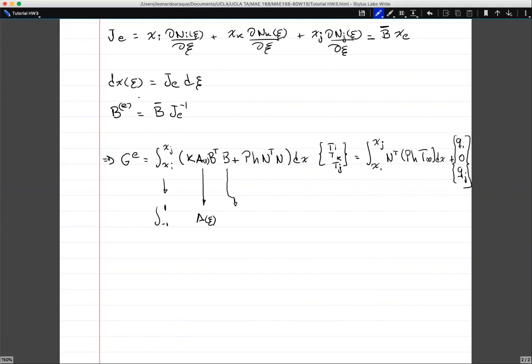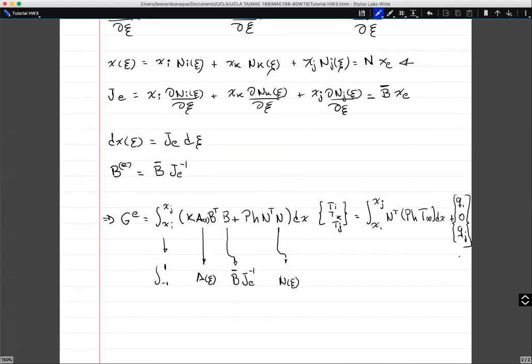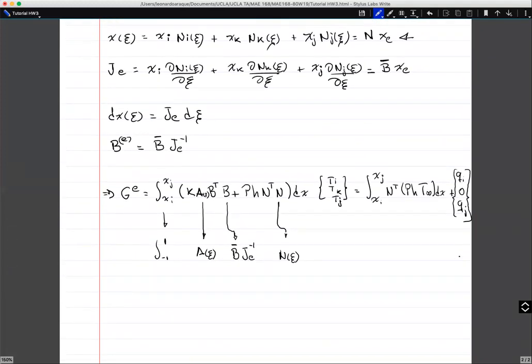We already defined B. B is now B bar times the inverse of the Jacobian. And B transpose will be the transpose of B bar times the inverse of the Jacobian as well. The shape functions now are a function of psi, and they were given in one of the previous steps. And the same substitutions apply for the right-hand side of the equation.